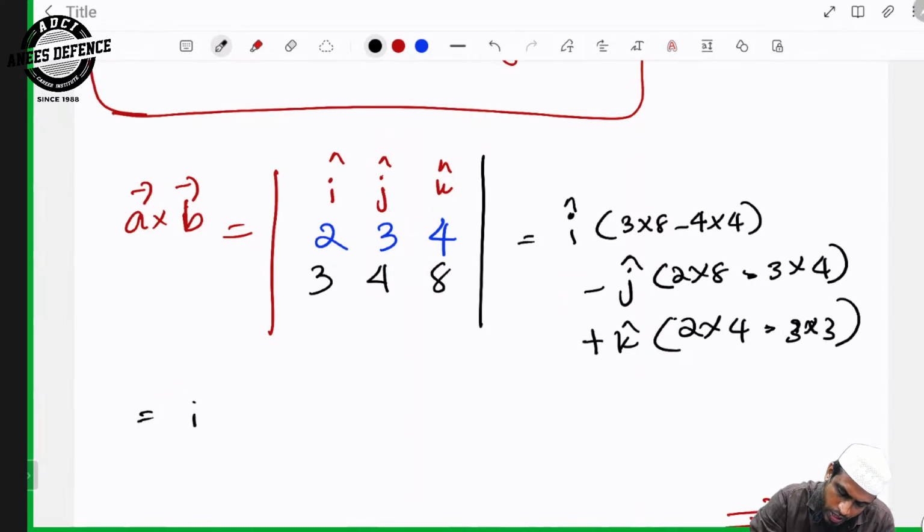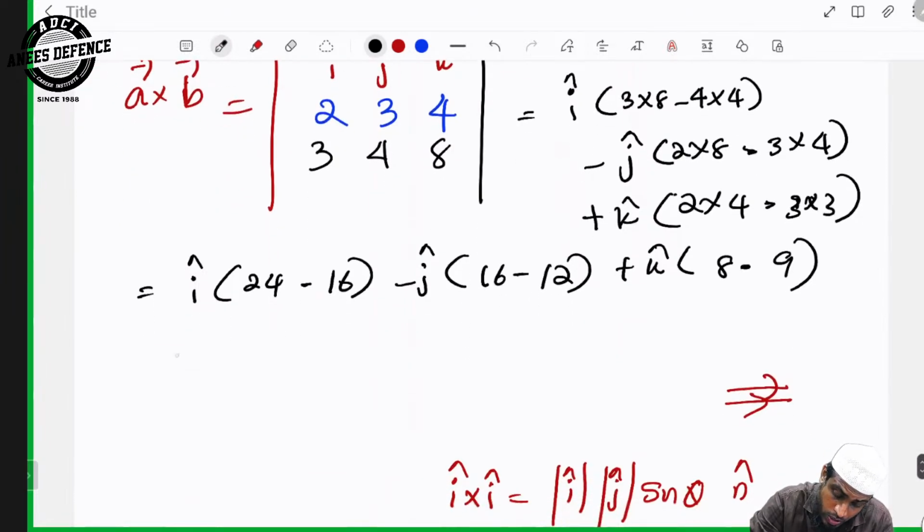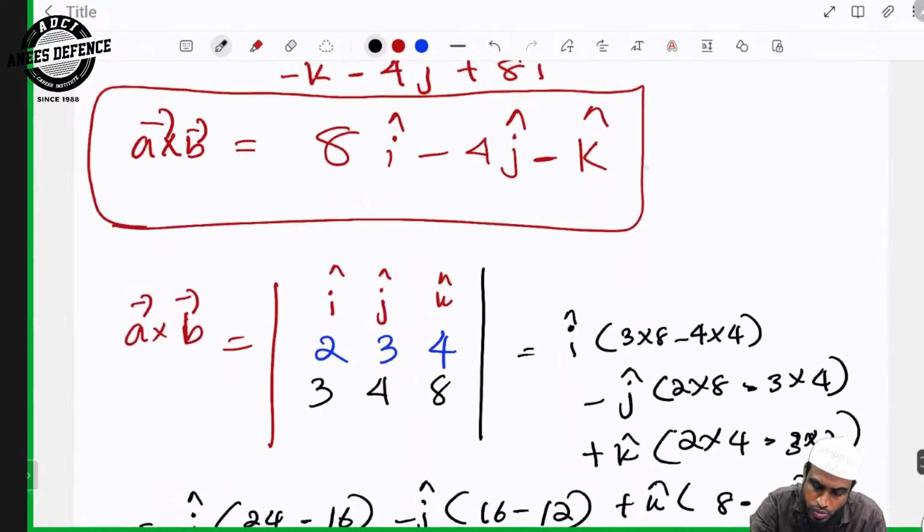So you are getting i into 24 minus 16, minus j into 16 minus 12, plus k into 8 minus 9. 24 minus 16 is 8i, 16 minus 12 is 4, so 4j, 8 minus 9 is minus 1, so minus k. So we're getting 8i minus 4j minus k.